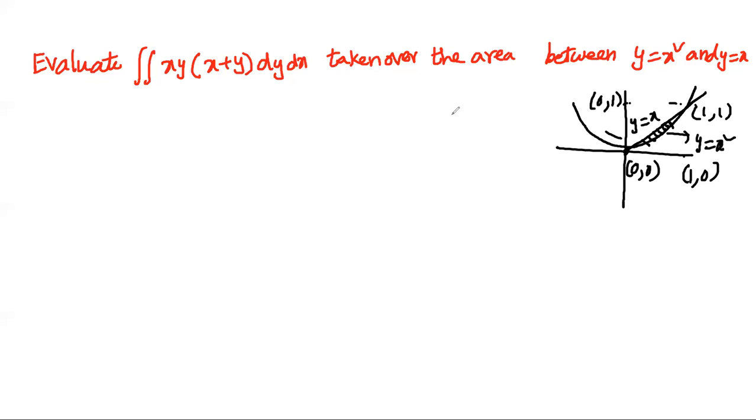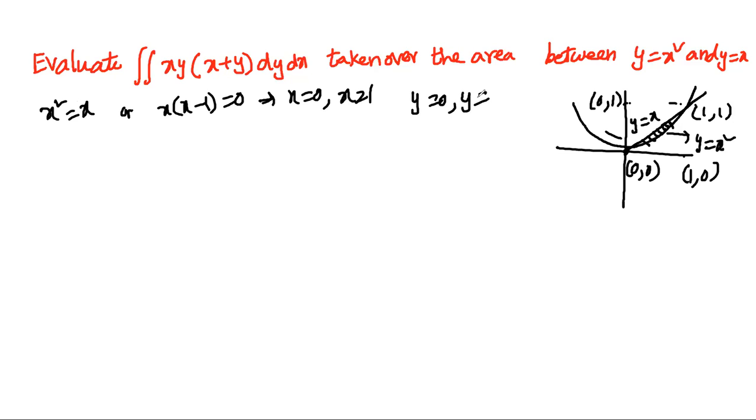Now, x square is equal to x because y is equal to x. x square is equal to x, or x into (x minus 1) is equal to 0. That implies x is equal to 0 and x is equal to 1. This gives y is equal to 0, y is equal to 1. Now the points are 0, 0 and 1, 1.